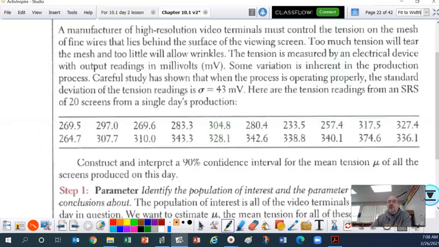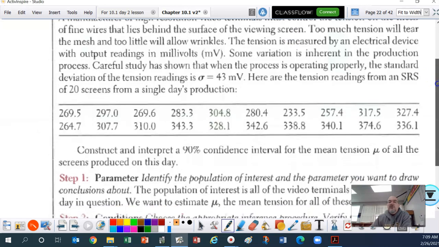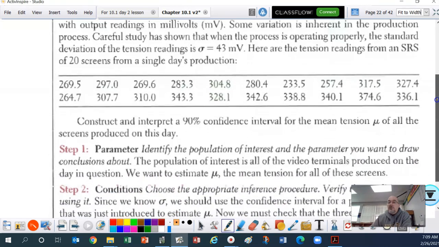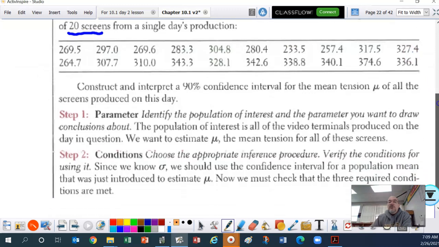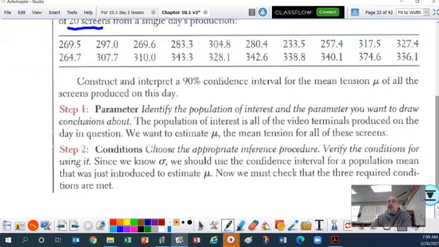Careful study has shown that when the process is operating properly, the standard deviation of the tension reading is 43 millivolts. Here is the tension reading for a simple random sample of 20 screens from a single day's production. Our job is to construct and interpret a 90% confidence interval for the mean tension mu of all the screens produced on this day.